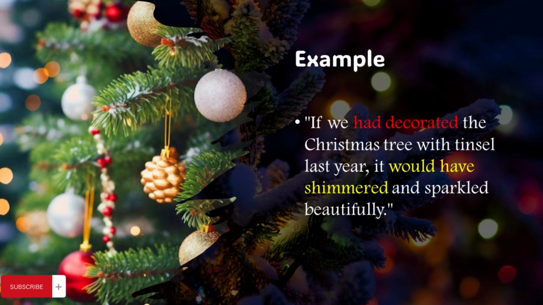It suggests that if the Christmas tree had been decorated with tinsel, which didn't happen, it would have had a beautiful and shimmering appearance. So, the complete sentence would be, if we had decorated the Christmas tree with tinsel last year, it would have shimmered and sparkled beautifully.